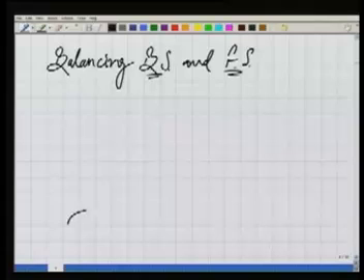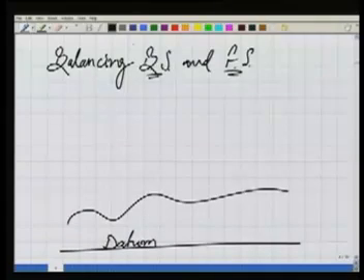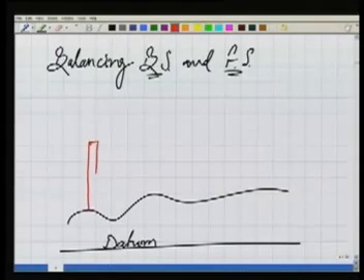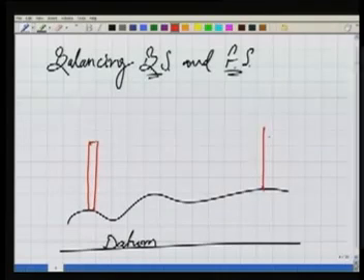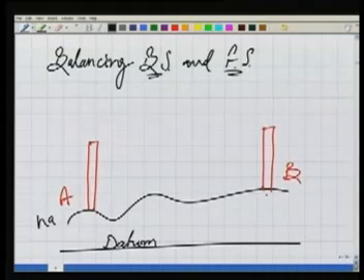Now here again we have a ground, that's our datum, and somewhere here we have kept our staff and another staff, that's point A, point B. I know the RL of A, so HA. I want to determine RL of B, HB.